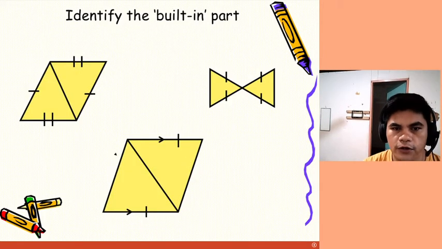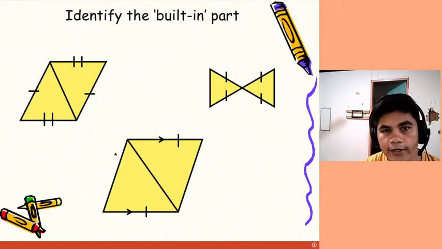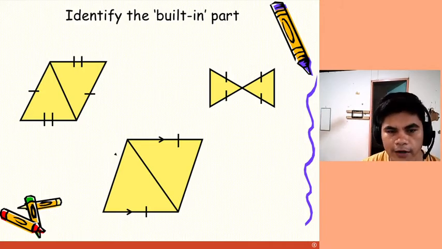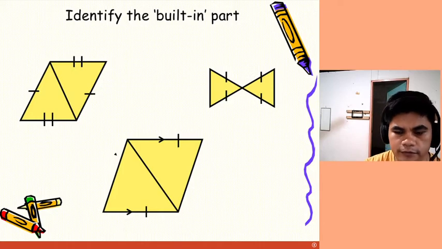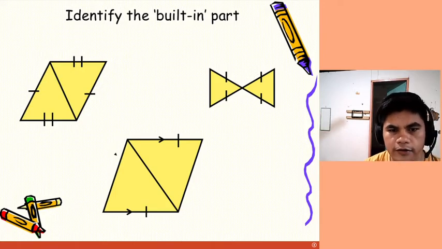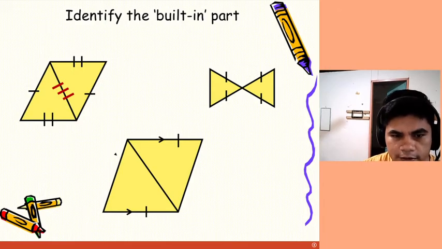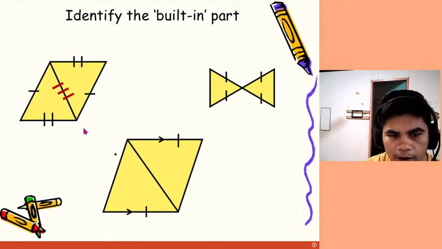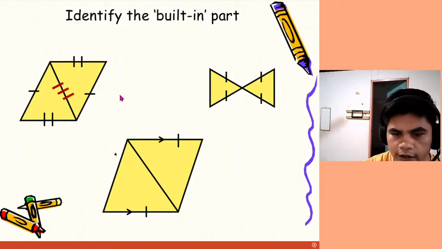Now we are going to identify the built-in part of these given triangles. Number one here, what is the built-in part? When we say built-in, there is no other reason, no debate that they are equal. So this side, the mark, is a built-in part because this is a common or shared side, and there is no debate that they are congruent.